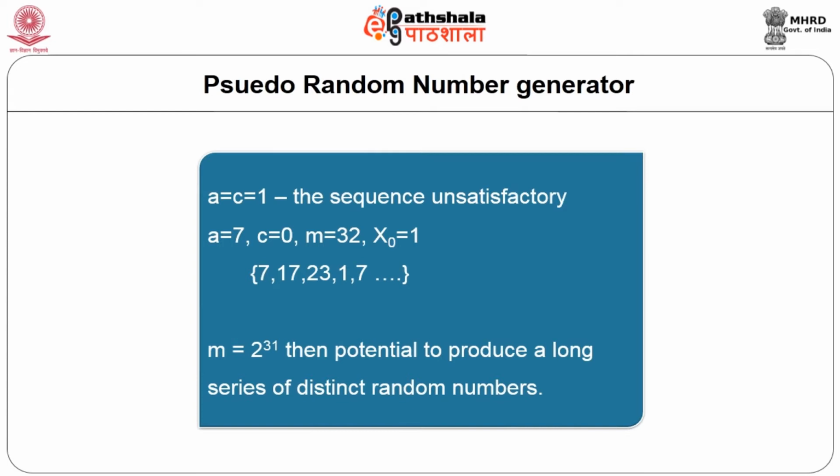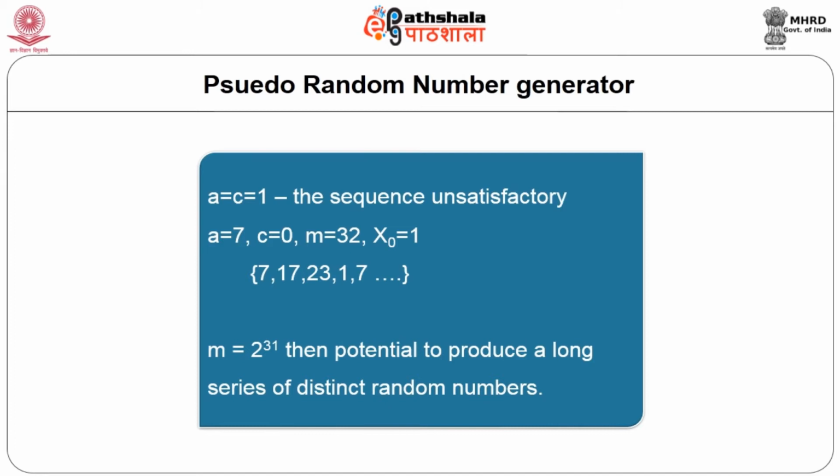So it does not even satisfy the properties. If you take a modulus of the order 2 raised to 31, then potentially a long series of distinct random numbers can be produced. So the modulus should be a greater value.